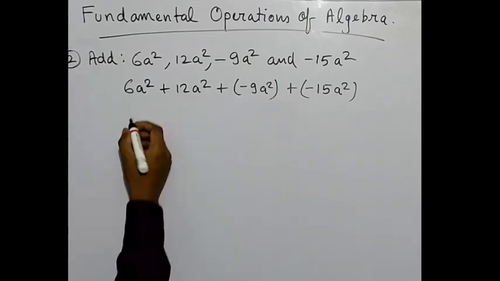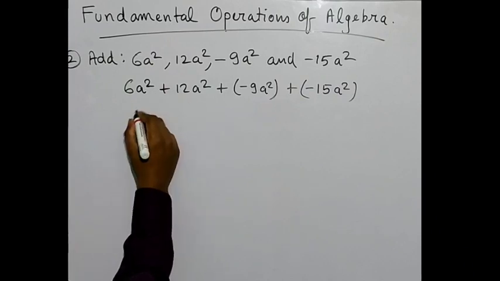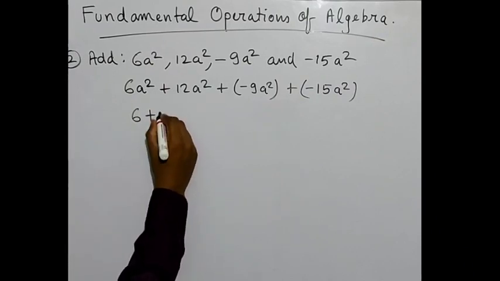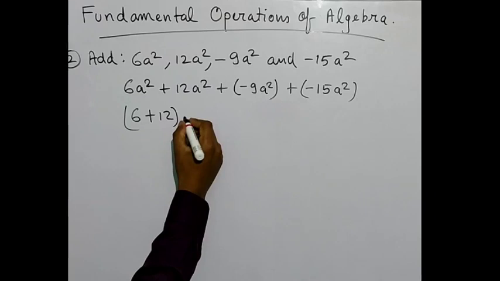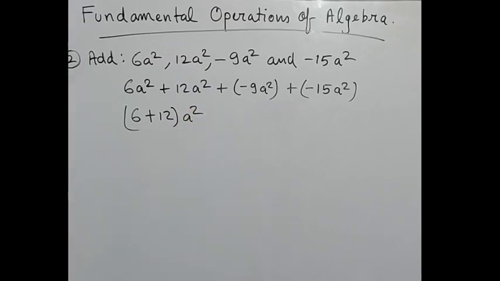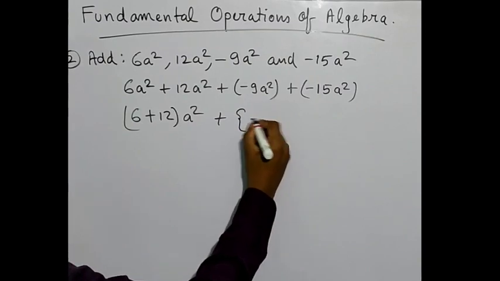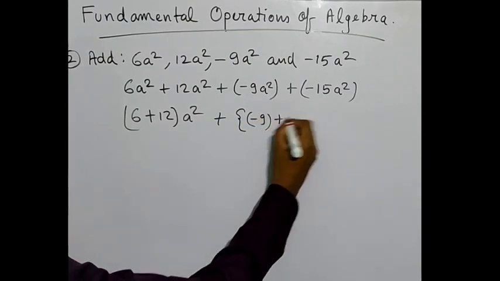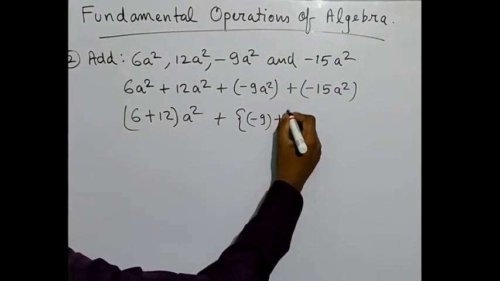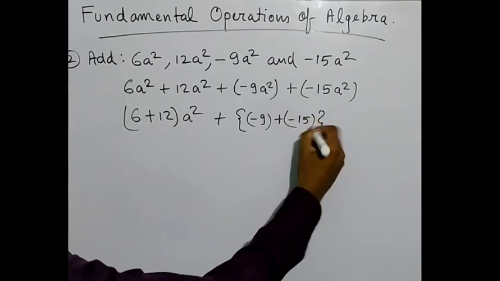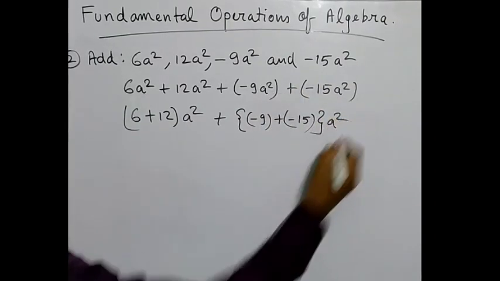So we'll add the numerical coefficients 6 plus 12, and the variable part we'll write as common outside, plus negative 9 plus negative 15, the numerical coefficients, and what is common? a square.